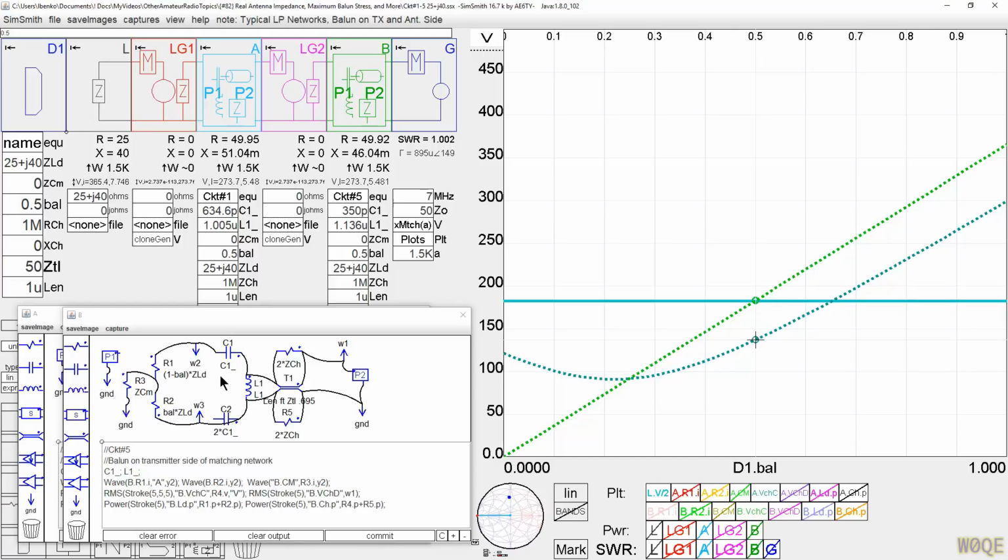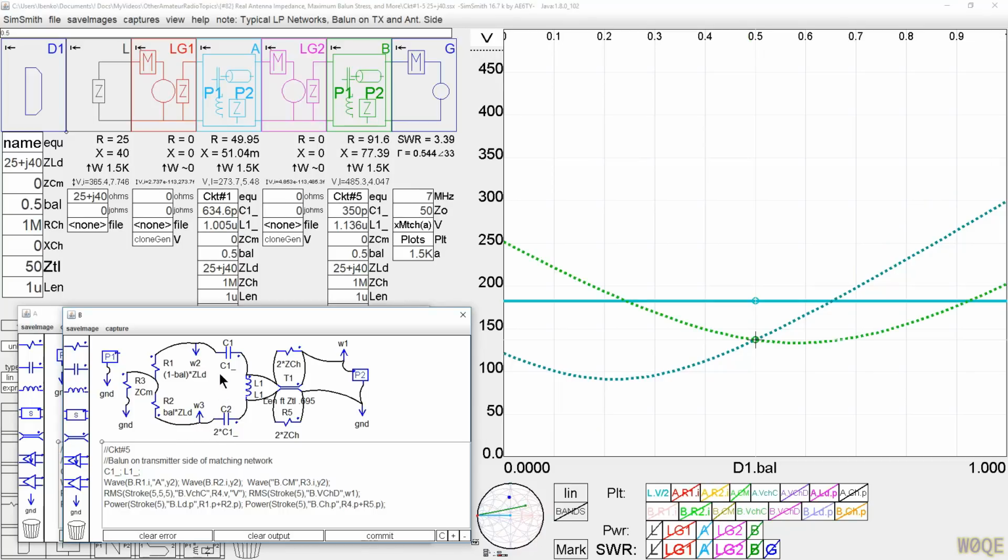Let's make this balanced. That's very interesting.